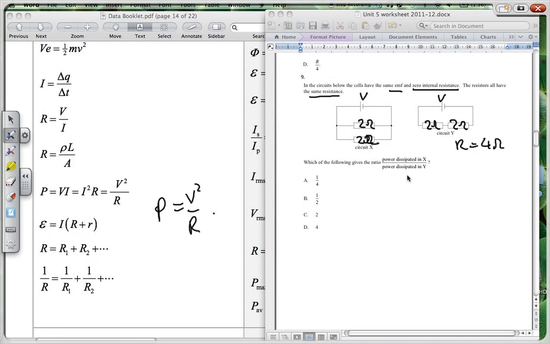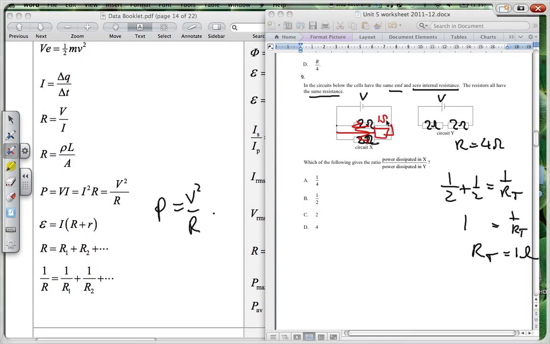And here I'm going to have what? I'm going to have 1 over 2 plus 1 over 2 is equal to 1 over RT. So a half plus a half is 1 over RT. So my total resistance for this is actually 1 ohm. I could replace these two here by a resistor of 1 ohm.